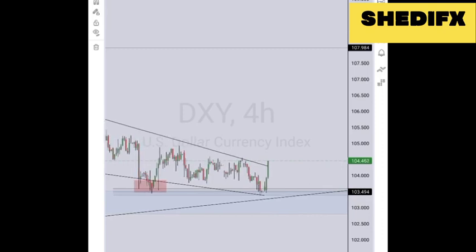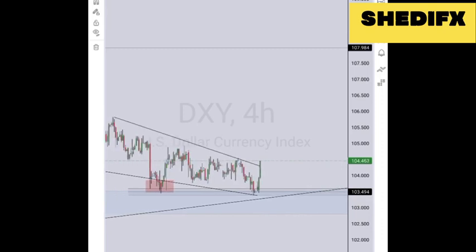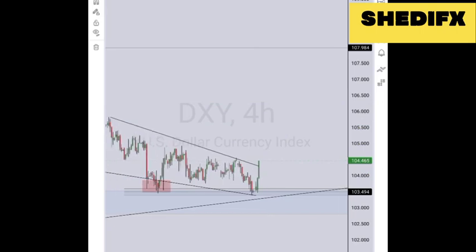All right, so now we are breaking the upper boundary of the pattern on the four-hour time frame, and then I'm going to be looking out for a retest, and then a continuation to the upside. You get? So that's my lookout on the four-hour time frame.